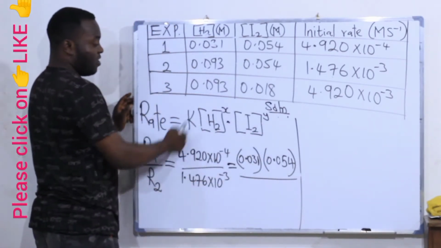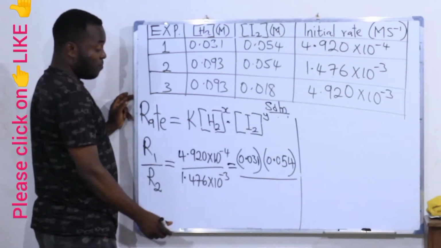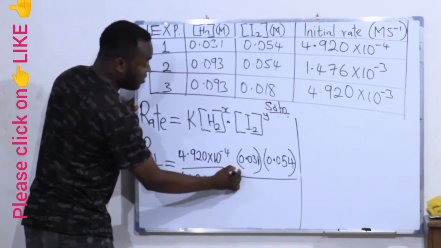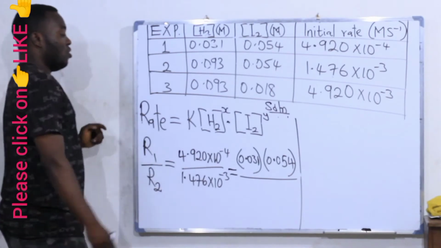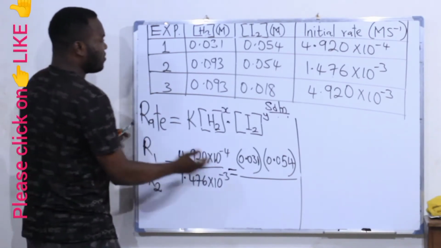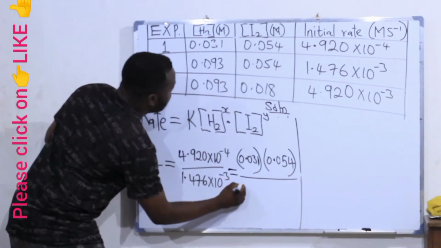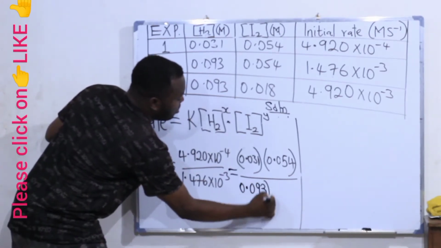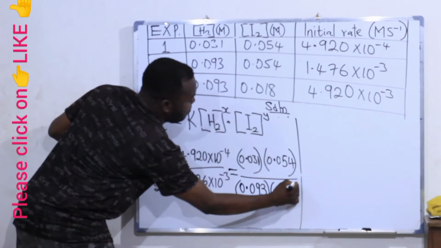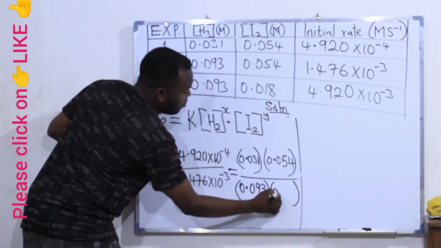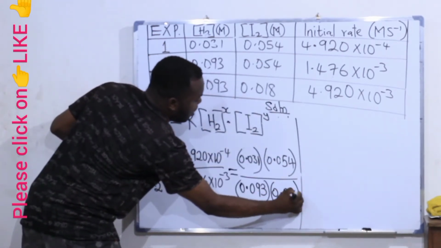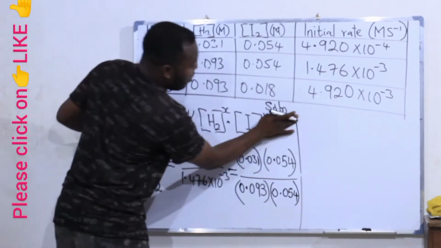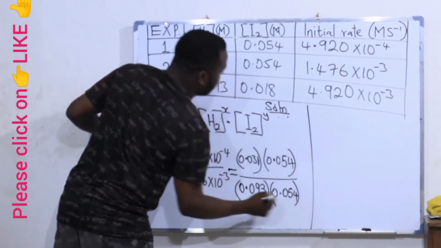I know that my K will cancel out, so I'm not bringing in K. Even if I bring it in, it will still cancel out. The second one is 0.093 multiplied by 0.054.